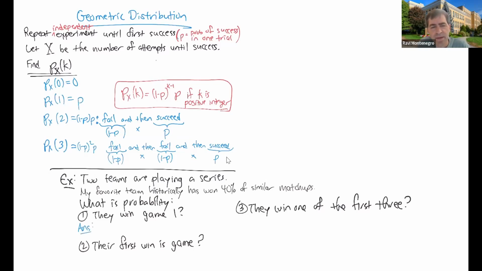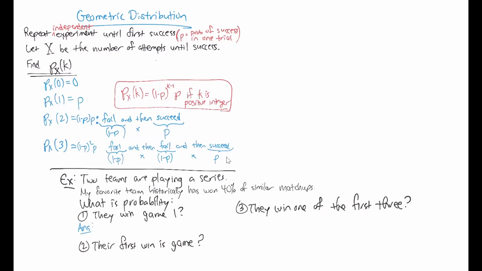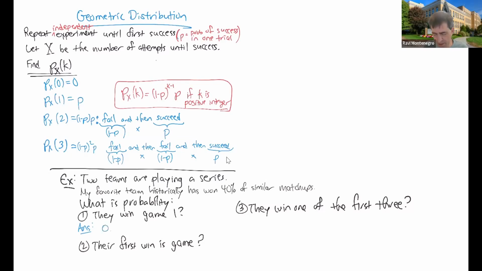Okay, so maybe somebody can answer the first part. What is the chance they win game 1? 40. Yeah, we don't even need to use geometric, but we could. So if you used geometric, then that would be this statement. The probability your first win is in game 1 is P. But really, if I have a 40% chance of winning each game, that's the chance I win game 1.